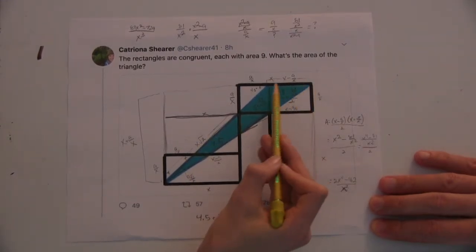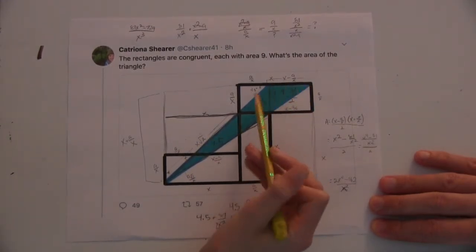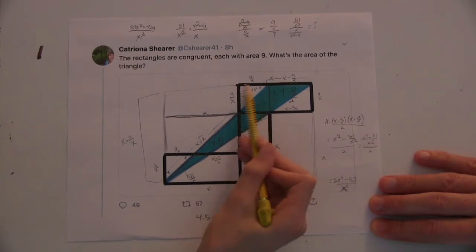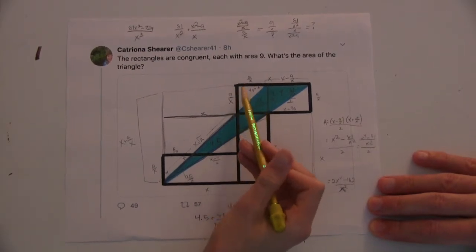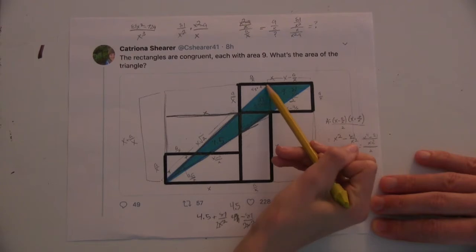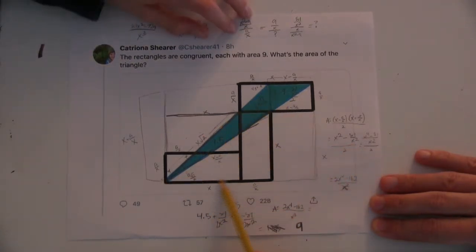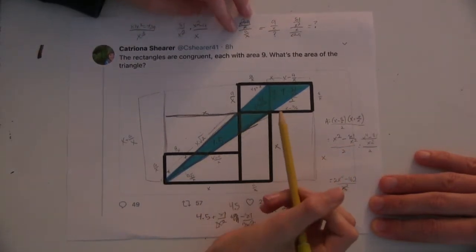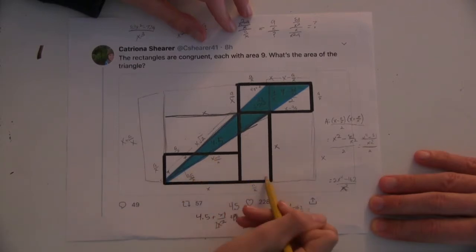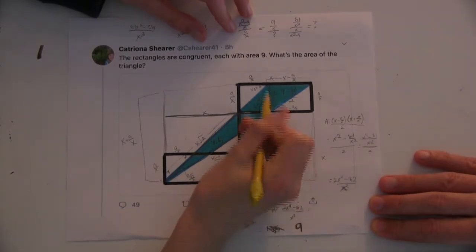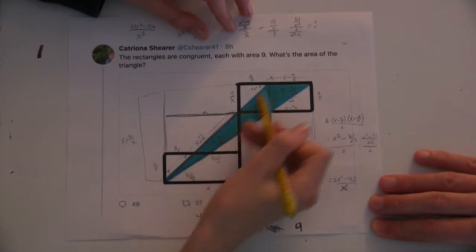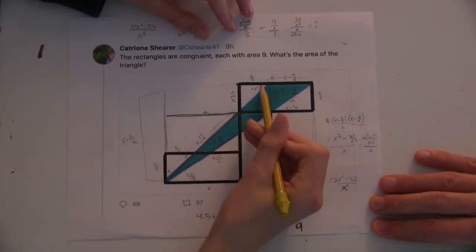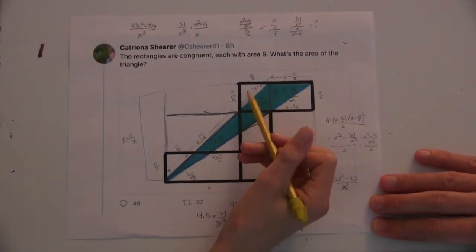Going from here to here, these two sides are x plus 9 over x, which makes this an isosceles right triangle. Nice. So this angle is 45 degrees. Great, that's a great observation.